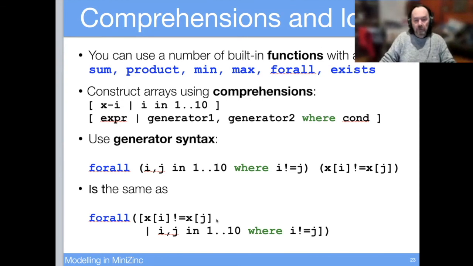So it's just the conjunction of all these things. But we'll typically use generator syntax for these common kinds of things like sum, product, min, max, forall. But if you think about them, really, these are just functions which take an array as an argument. And when we write this down, we're actually building this array and then applying the forall to it. Okay, remember to stop me if you have questions, because this can be a little bit confusing.